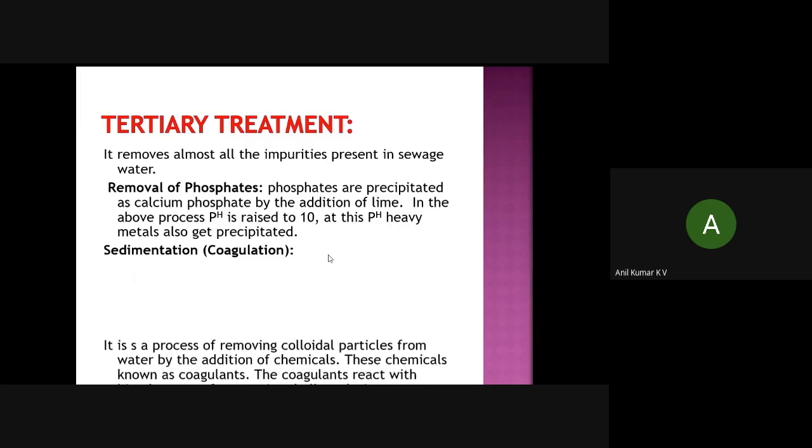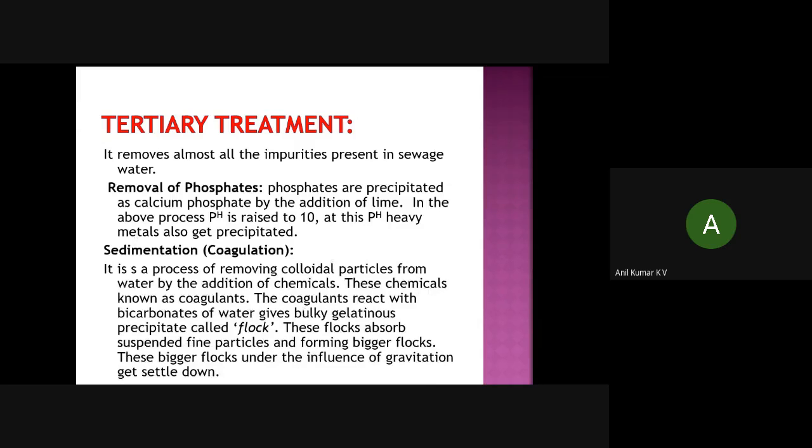Sedimentation process, also known as coagulation process. It is a process of removing colloidal particles from water by the addition of chemicals. These chemicals are known as coagulants, like potassium alum, bicarbonates, etc. This reacts with water and gives a bulky gelatinous precipitate called floc.